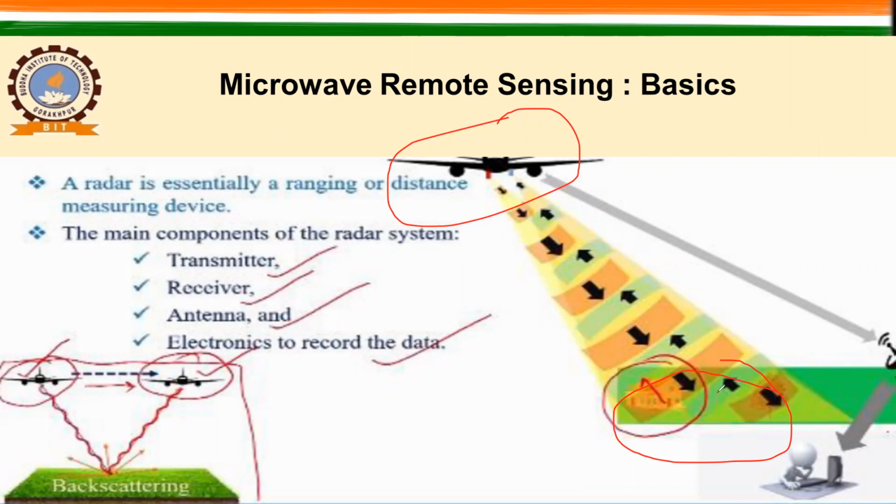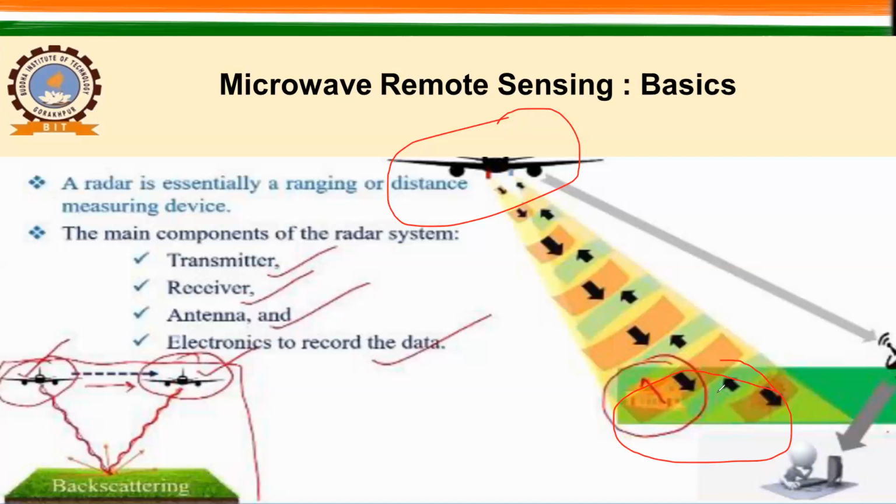So the back scattered value will again go back to your satellite. ठीक है, हमारा जो back scattered value है वो satellite को वापस जाएगा और sensor, and then that will be recorded, and subsequently the recorded data will be transmitted to your ground station, and the ground station will receive that energy in form of image, and that will be distributed and analyzed.